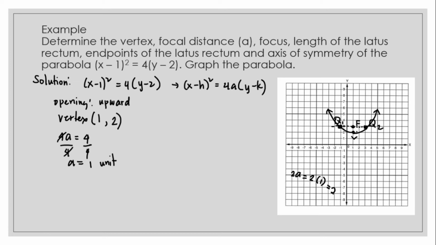We have the parabola. Okay, so kumpletuhin natin. Again, what is the coordinates of our focus? Ang focus natin, anong coordinate niya? We have 1, what is that? 3. 1, 3. Okay. How about the Q1?